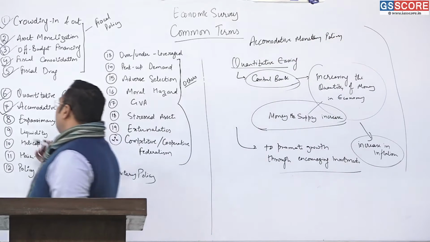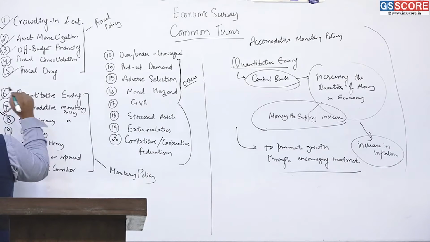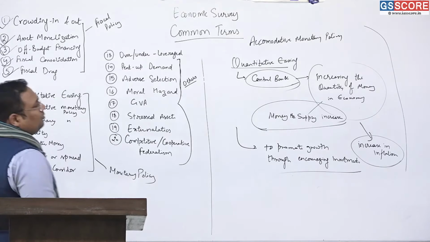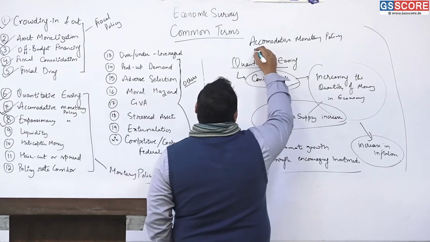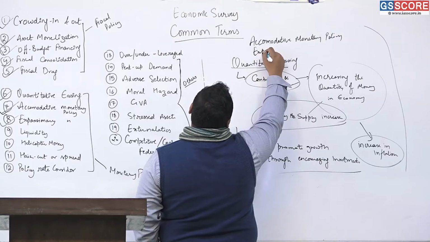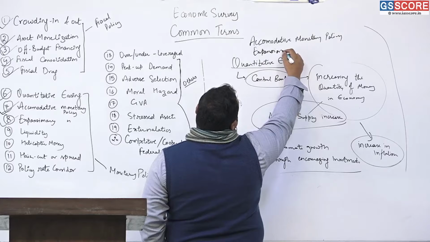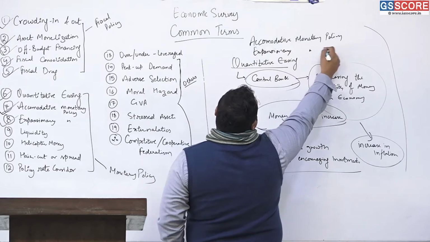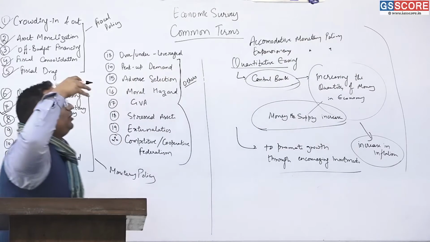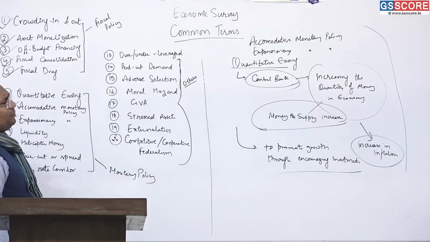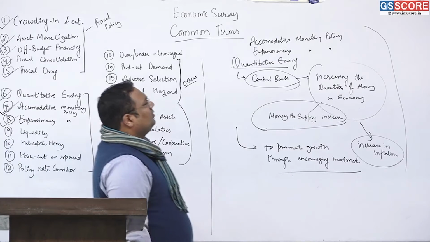Okay, so the next term was basically just the same thing, and even the next term is also the same thing. This is also called expansionary. What is expanding here? The money supply. Accommodative monetary policy or expansionary monetary policy is the same thing.